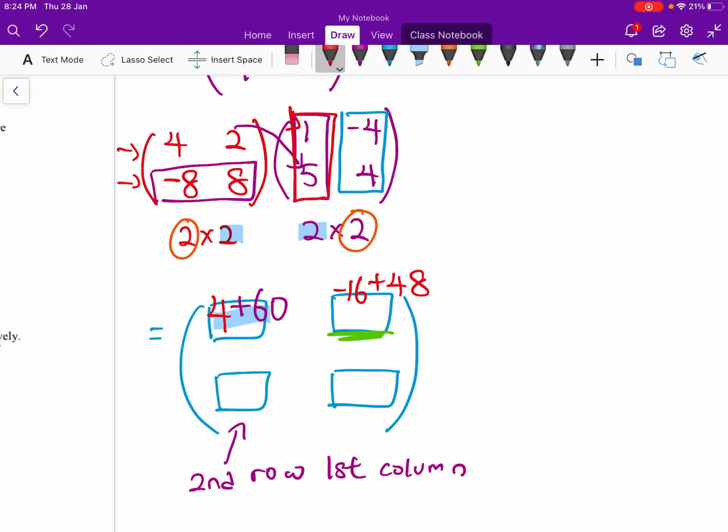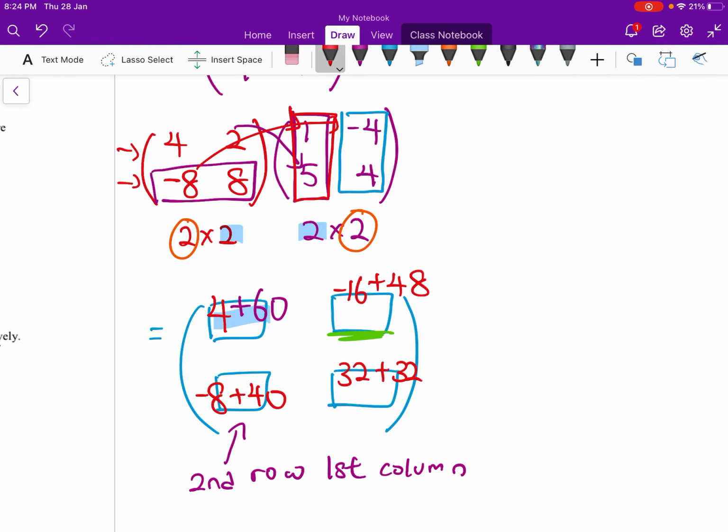Always the first number times the first number of the column. So negative 8, plus 8 times 5, 40. Let's move on to the last element. This is second row, second column. Negative 8 times negative 4 is 32, plus 8 times 4, 32. This is how you get your 2 by 2 matrix.